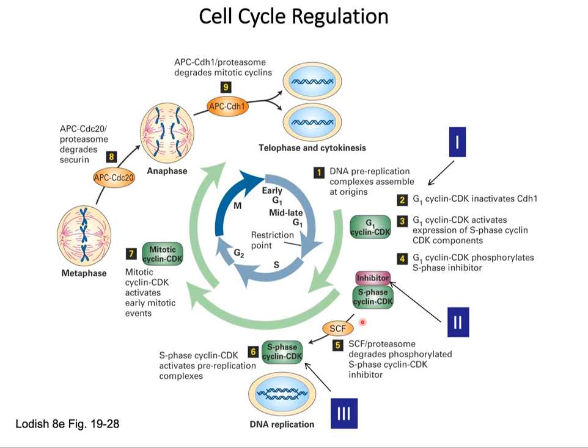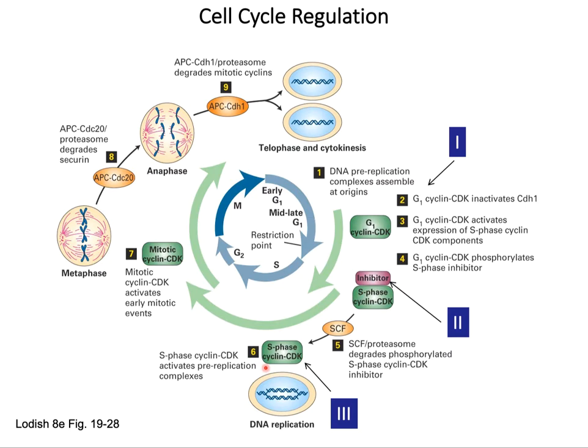Anyway, once SCF ubiquitinates the S-phase inhibitor, it becomes a target of the proteasome and is degraded, as shown here in number 5. With the inhibitor degraded, the S-phase cyclin becomes activated and the cell enters the S phase.